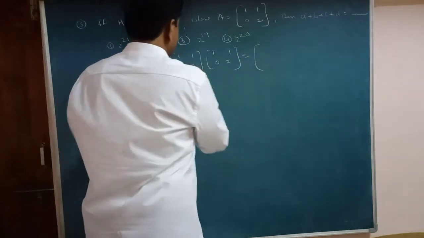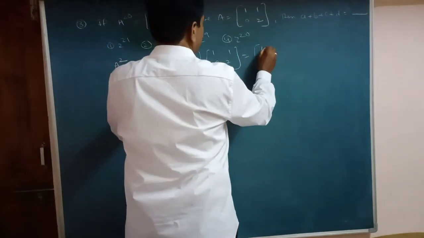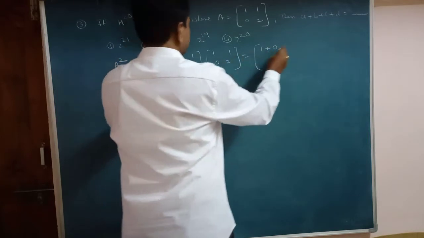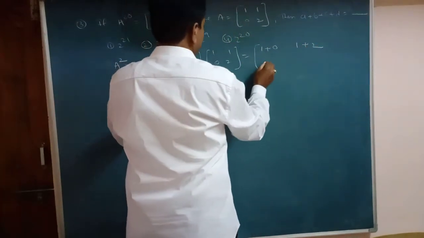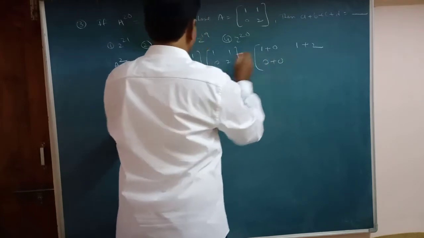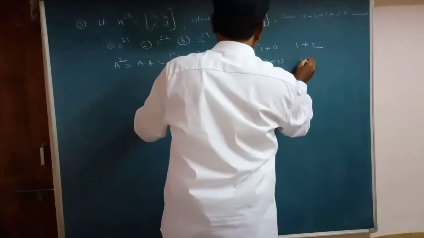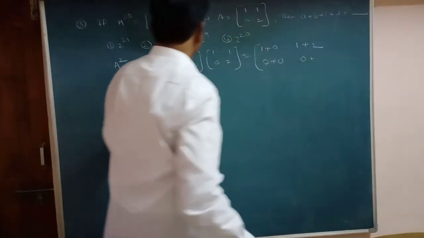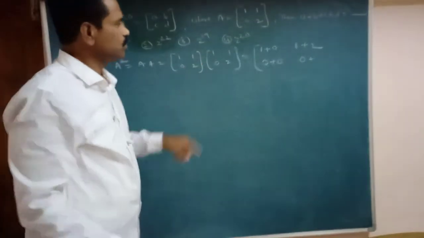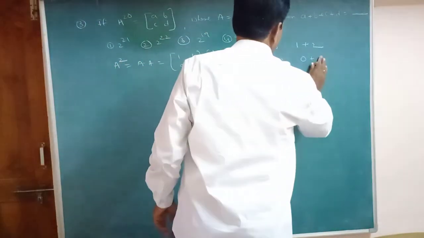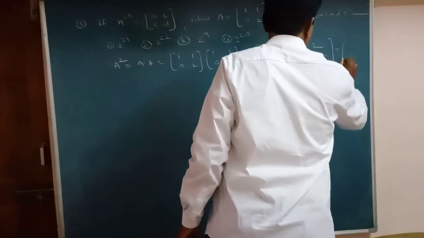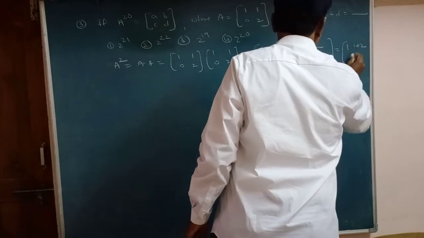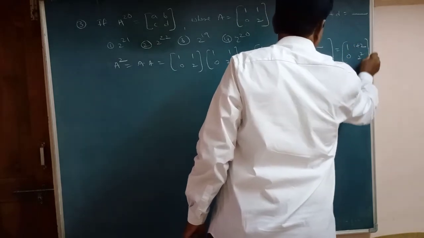This is 1, 1 plus 2, 0, and 2 into 2, how much here? 4, that is 2 square. So this equals 1, 1 plus 2, 0, 2 square.